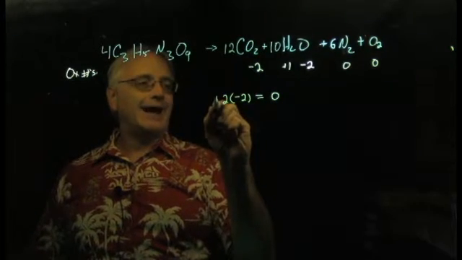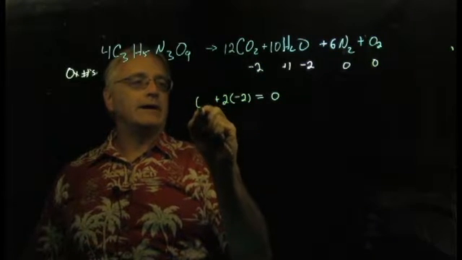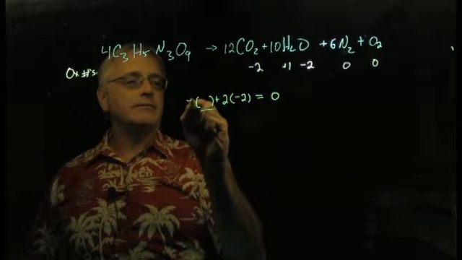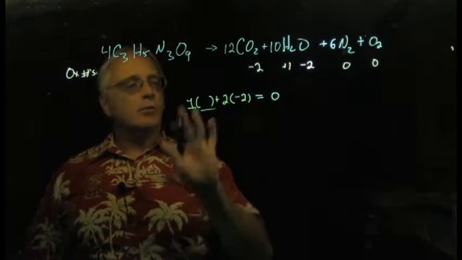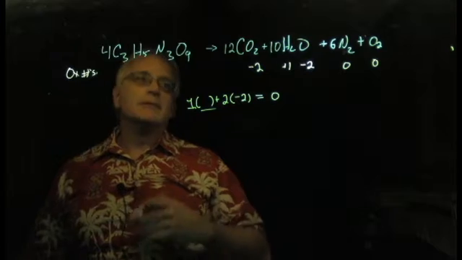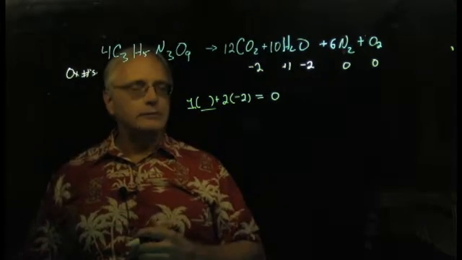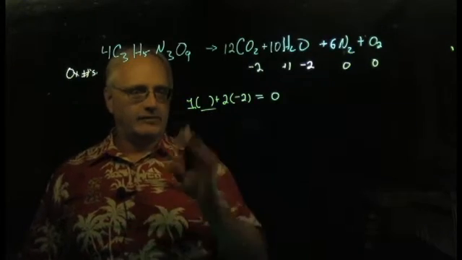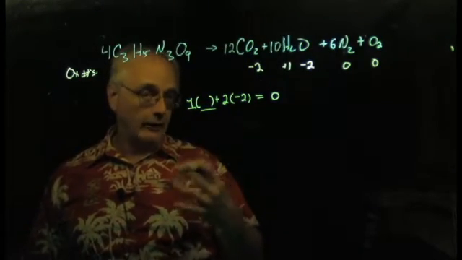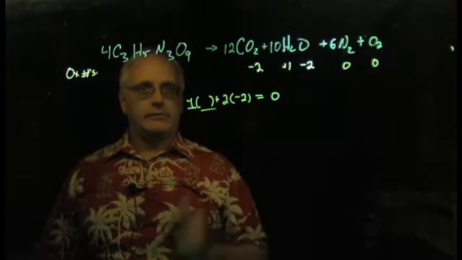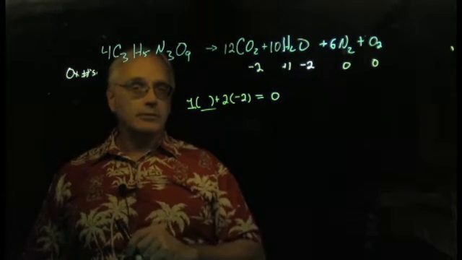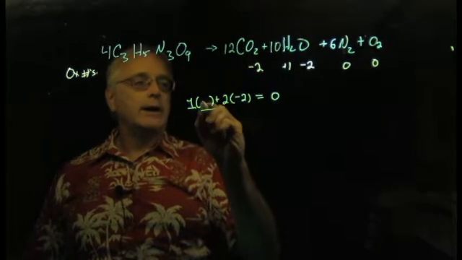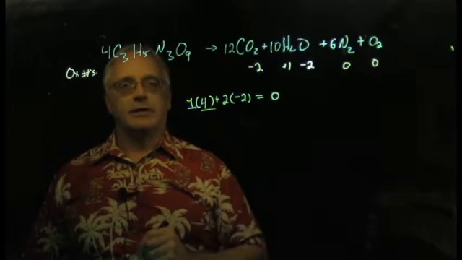And that has to add up with the oxidation number of the carbon, which I'm going to leave blank for a moment, times the number of carbons. Now it's only 1, so I'm going to write a 1 up there, but for completeness I'm going to include that 1, because in other examples you might need a number other than 1. The question now is simply, what number makes this equation true? And of course, clearly it's got to be a +4.